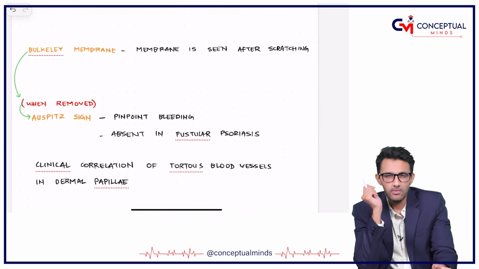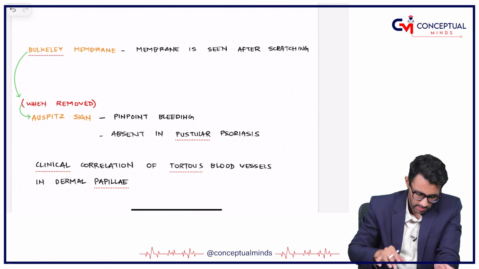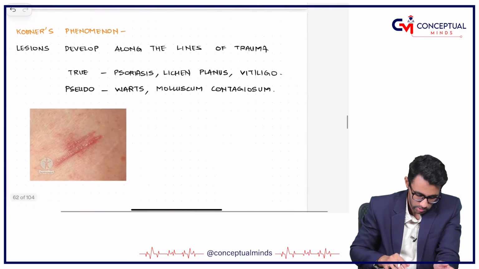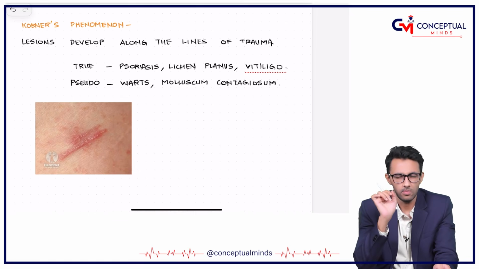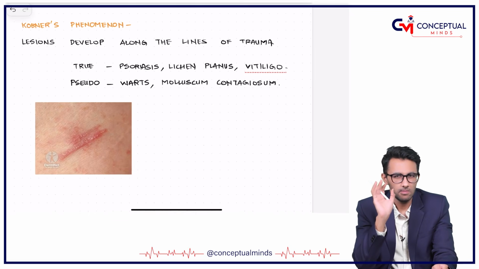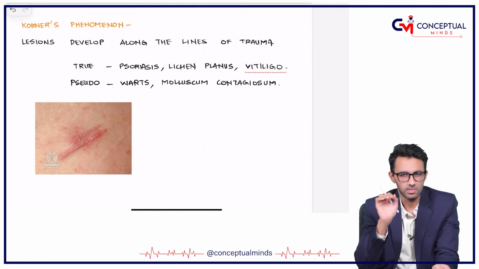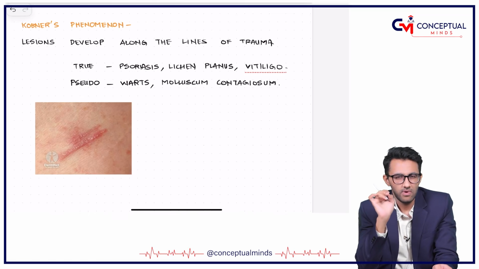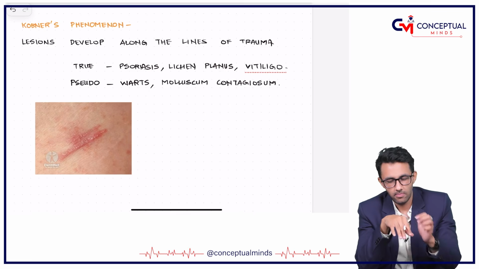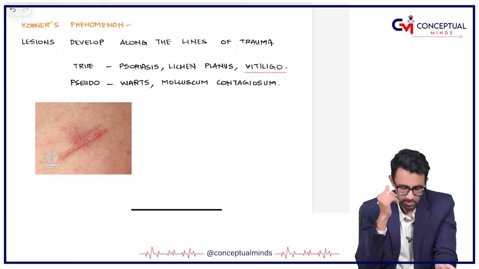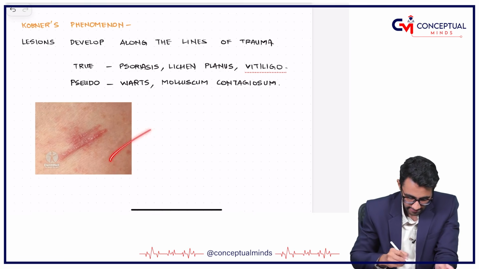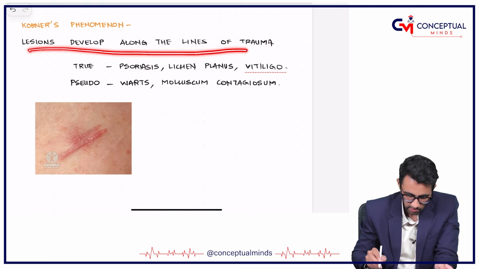Now we'll go on to a specific phenomenon seen in psoriasis or other diseases as well, that is Koebner's phenomenon. Very simple but very easily confused. What does it mean? New lesions develop at the point of irritation. For example, in this image, new lesions develop along the lines of trauma.